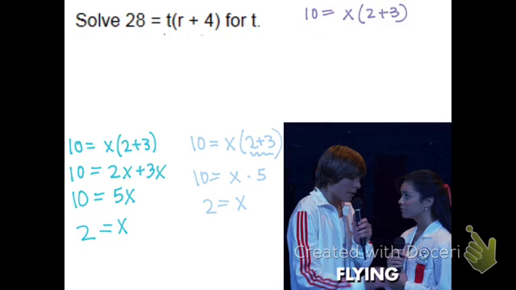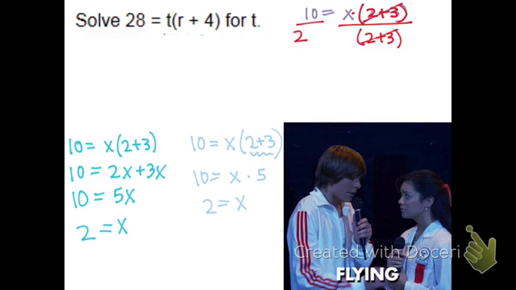Now, the way that would work is to just undo this multiplying. Don't worry about combining like terms. Don't worry about distributing. Just think of this as multiplying by 2 plus 3. How do we undo multiplying by 2 plus 3? Dividing by 2 plus 3. Because anything divided by itself is 1.